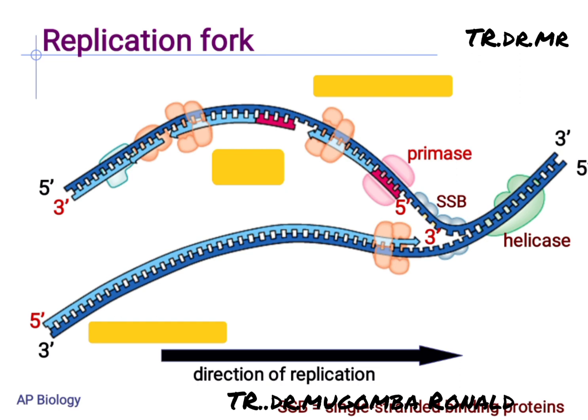Then we saw primase. Primase is very important in establishing a starting point for polymerase 3, creating the hydroxyl end onto which polymerase 3 can add DNA nucleotides. DNA polymerase now starts constructing the new DNA strand.